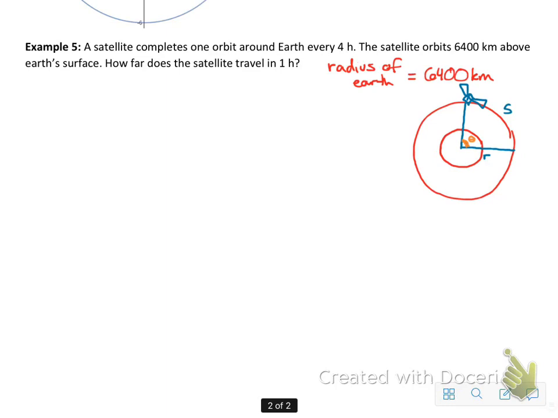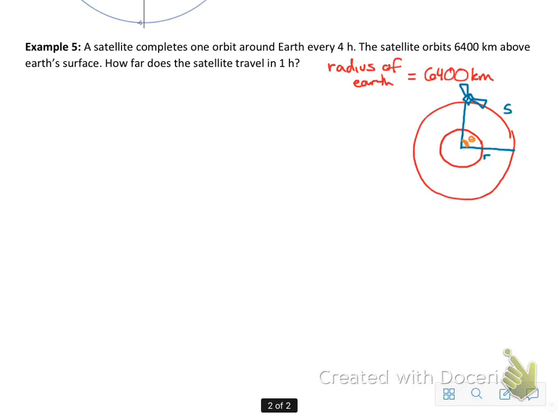Since it completes one orbit every 4 hours, and we're trying to figure out how far the satellite travels in 1 hour, we can predict that it would complete a quarter of an orbit every hour. So it'll make its way a quarter of the way around the Earth in an hour.